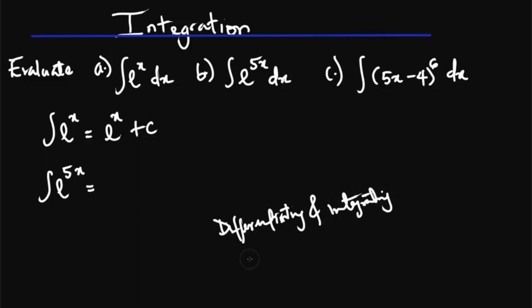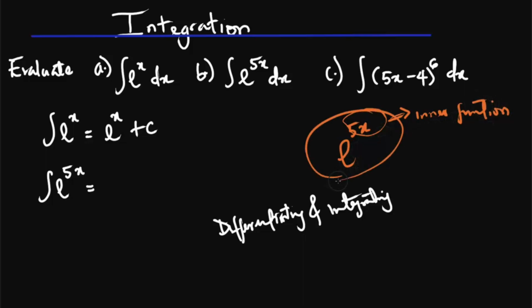So I want to look at my exponential 5x as a function of a function. I'm going to say that 5x is my inner function, and the entirety, which is exponential 5x, is my outer function.